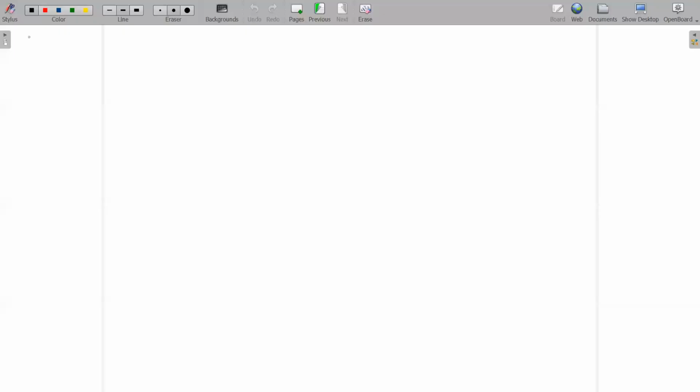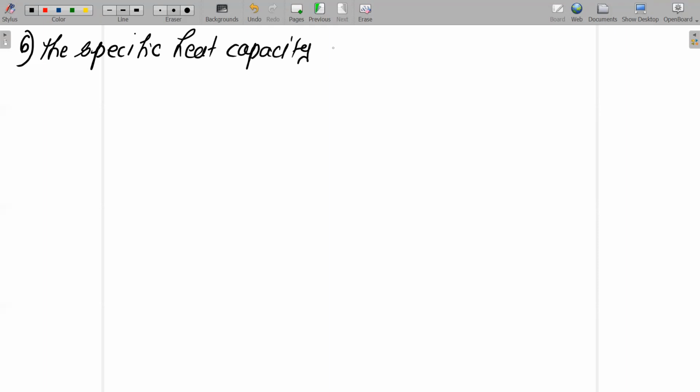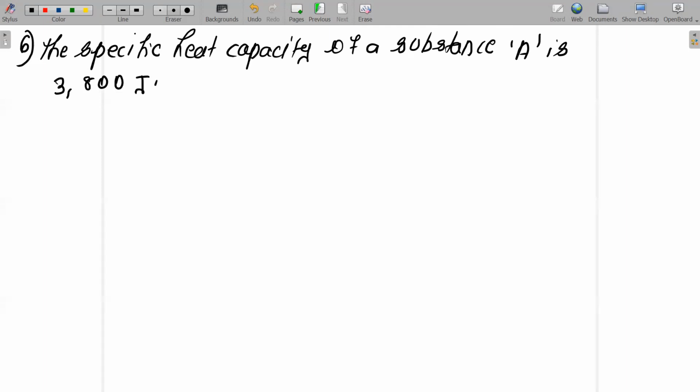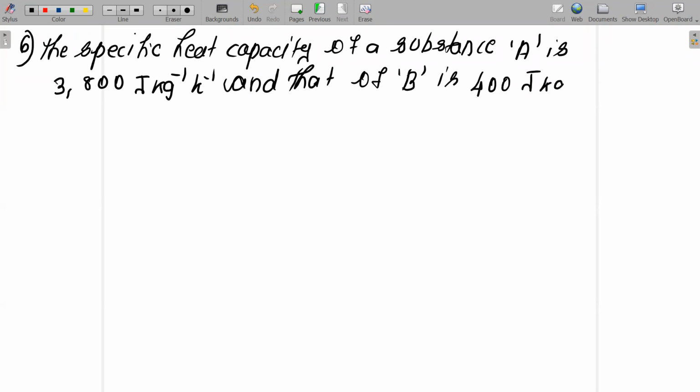Sixth question, a very important question. The specific heat capacity of a substance A is 3,800 joule per kilogram per Kelvin, and that of B is 400 joule per kilogram per Kelvin.